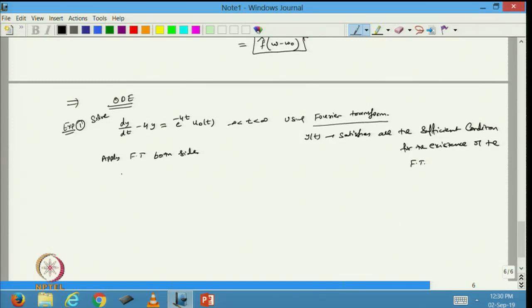Now, from here I can write F of y dash, minus F of 4y, is equal to the Fourier transformation of e raised to power minus 4t u naught t. I know that this is i omega, so let us take F of y(t) as this one.